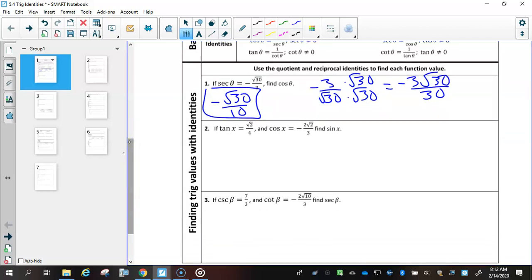For 2, we have tangent and cosine, and we need to find sine. What is their relationship? Sine over cosine equals tangent. So we could put what we know in for those and solve. So root 2 over 4 equals sine of x over negative 2 root 2 over 3.